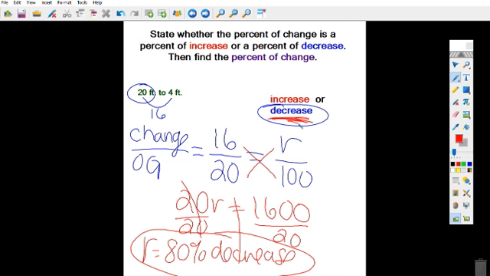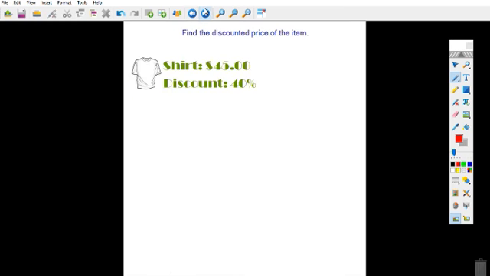All right, let's use this to solve some real world problems now, all right? So, this is something you can use the next time you're out shopping. So let's say there's a shirt. It's $45, but there's a 40% discount, okay? We're gonna use our same equation. So change over original equals r over 100.